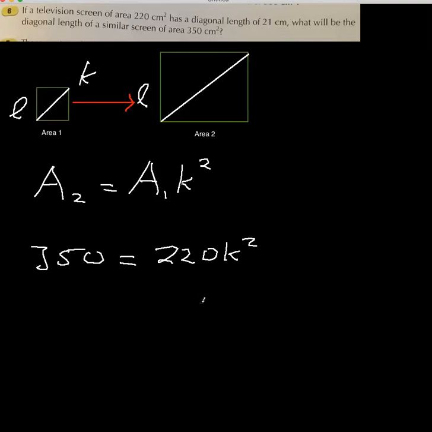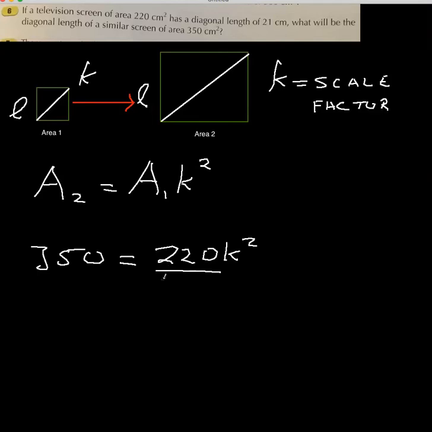So in order to find the diagonal length, we need to find this scale factor. Let's write that down here. K is our scale factor. Now we have this equation, and it's as simple as solving for the unknown.